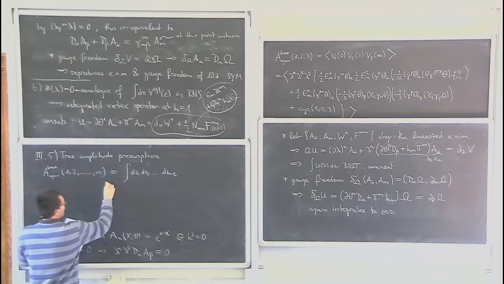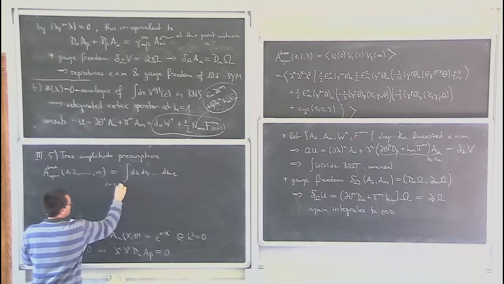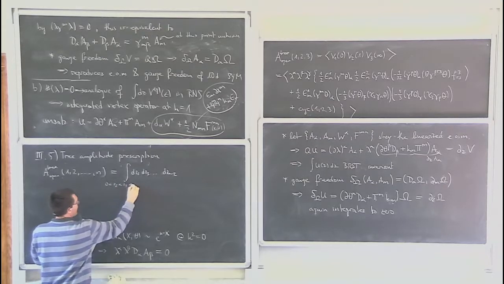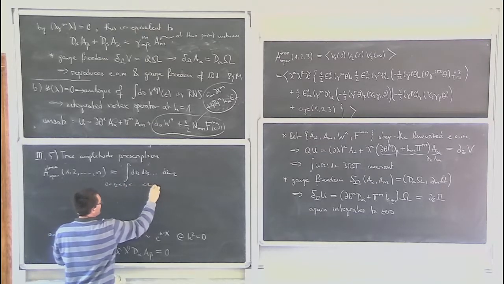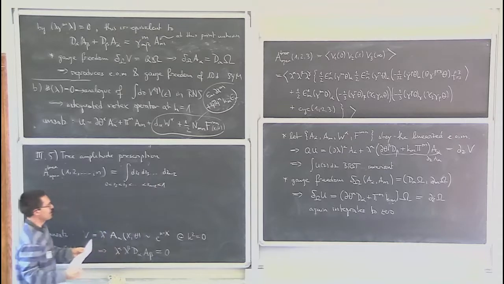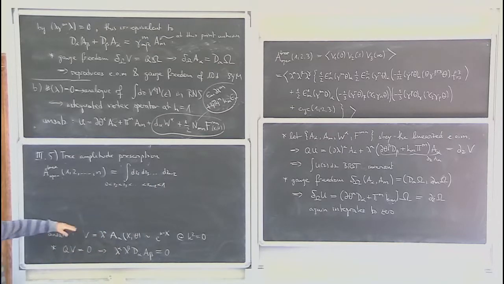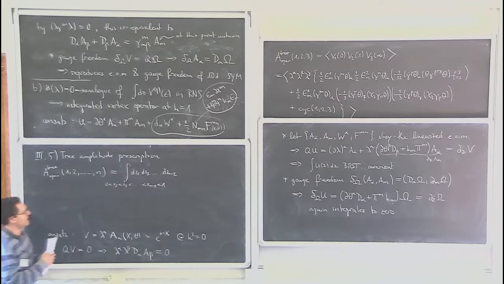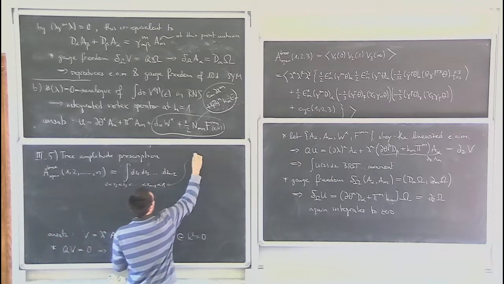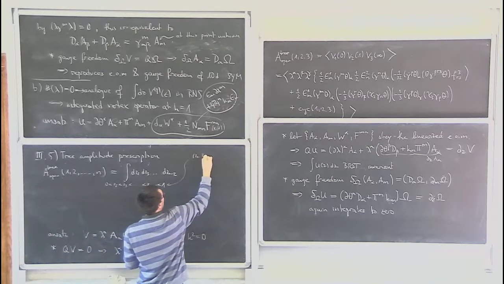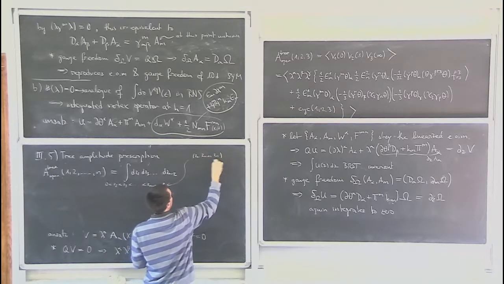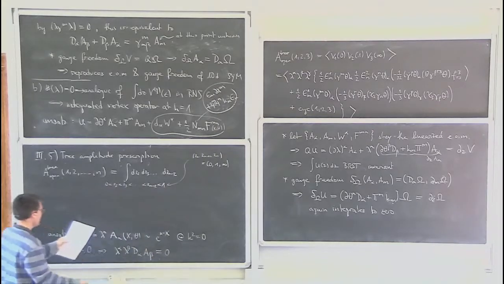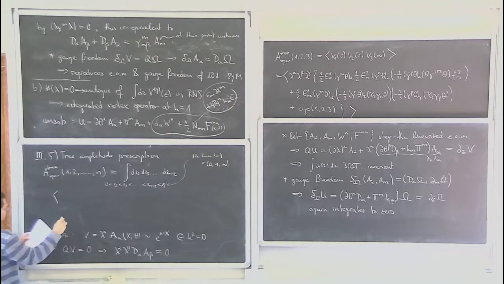I already commit to a disk ordering, to an ordering of how the open insertions are placed on the disk boundary. I'm again parameterizing the disk boundary by the real line, and I'm in the usual SL2 frame where Z1, Zn-1, and Zn are fixed at 0, 1 and infinity. So that's the integration we'll do.